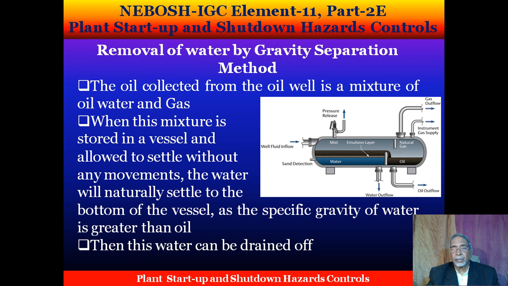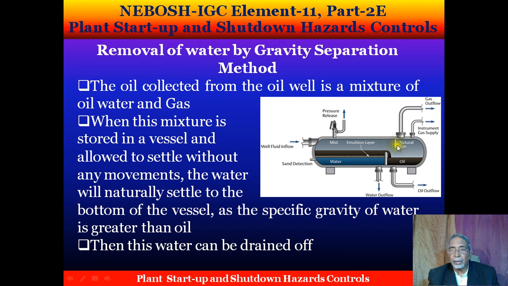You are seeing a diagram here, which shows the separation of oil, water and gas. In this vessel you can see three layers. One is the water layer. Above this water layer, the oil layer is there, and above that natural gas is there.